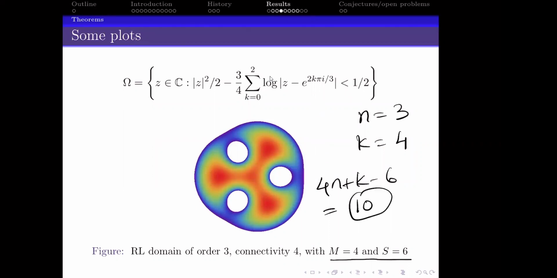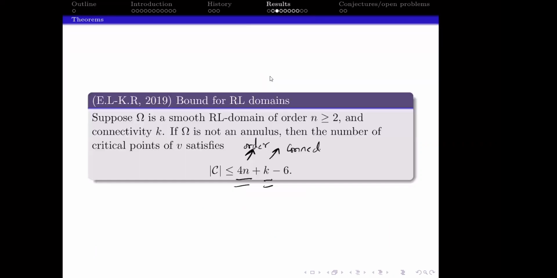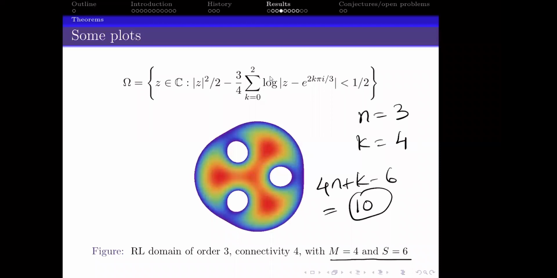So for these kinds of domains, the bound is sharp. In fact, we conjecture that for every k between 1 and n plus 1, there is a domain for which the number of critical points is exactly 4n plus k minus 6. But anyway, we know that at least for some cases there are sharp bounds.